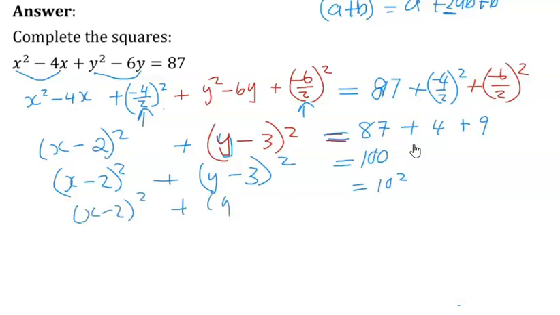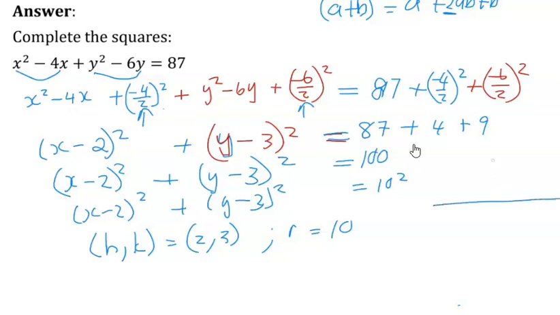So this is a circle with center (h, k) = (2, 3), and my radius is equal to 10. So if I draw this circle, then I can go to the point x equal to 2, y equal to 3, and I have to have a radius of 10, so it will be something like this.